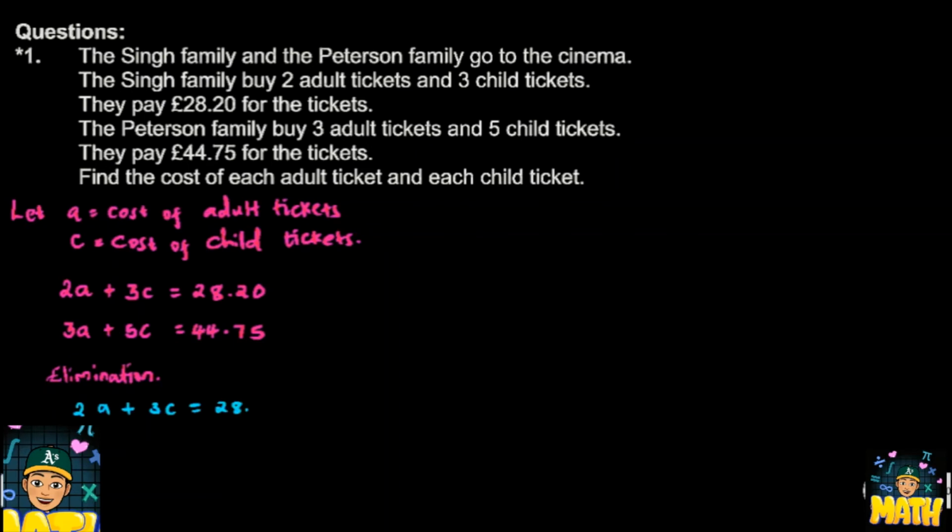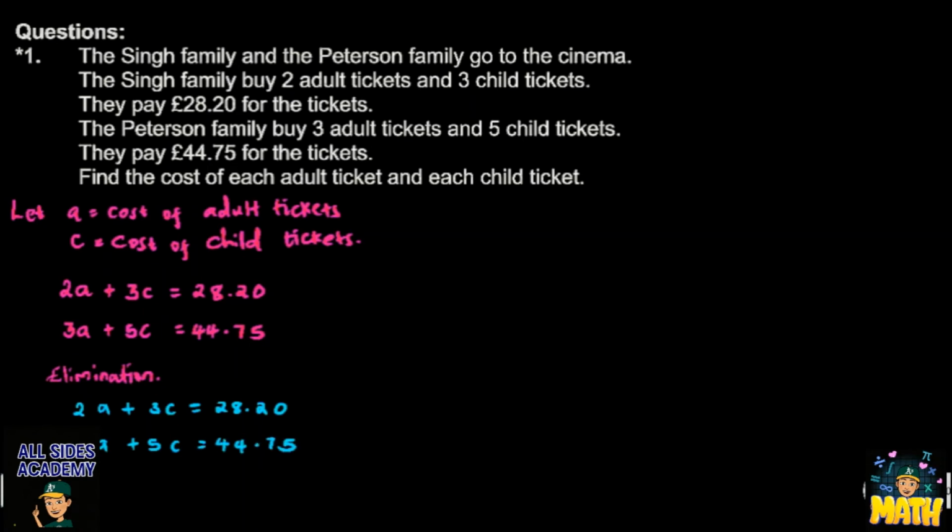So I'm going to rewrite that 2A and then 3C. So I want to eliminate A. So what is going to happen in this case? I want to multiply the opposite numbers with each of these equations.